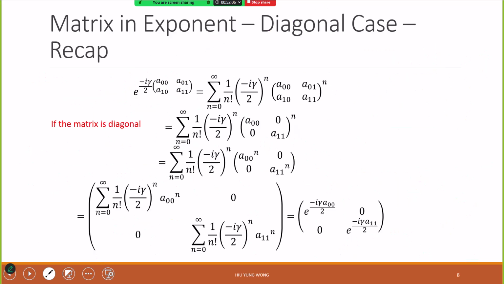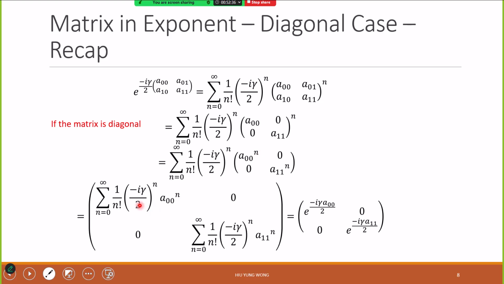Maybe my writing is difficult to read, so here I try to show you one more time, right? For example, this is just a 2 by 2, e to the power of this matrix. All you need to do is just use the definition, Taylor expansion, then you get this. When it is diagonal, it means I only have these two terms. These two are 0. Then of course, when you do this to the power n, you keep multiplying itself, you get this, right?